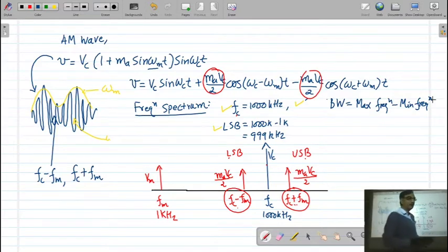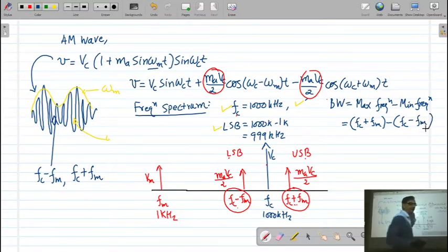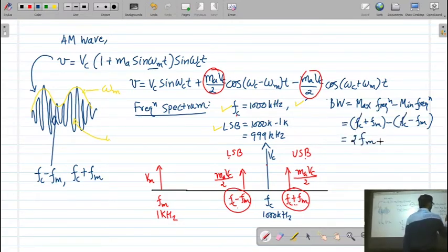It is not a bandwidth for an amplifier. So in this case, difference is maximum minus minimum. My maximum frequency is FC plus FM, and the minimum frequency is FC minus FM. Correct? And if we simplify, then FC will be cancelled. We have 2FM.